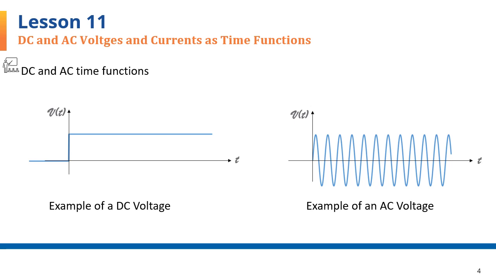The AC quantities encountered in power systems are virtually always sinusoidal and at a fixed frequency of 60 cycles per second. Notice that I said virtually because under certain conditions the frequency can deviate from 60 Hz momentarily.